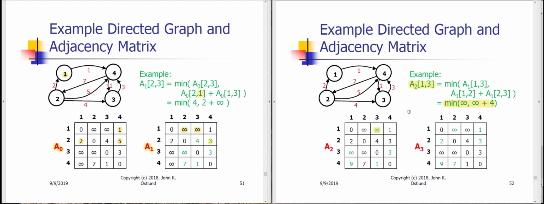Now, for the same reasons that we talked about in A sub 1, the row with 2 as a source and the column with 2 as a target cannot be changed in A sub 2. Because if something in the row were changed or if something in the column were changed, that would imply that node 2 is appearing twice in the path, and we're not allowed to have cycles.